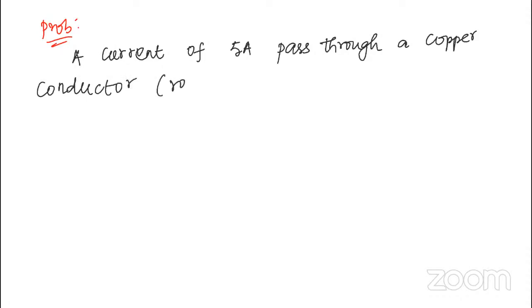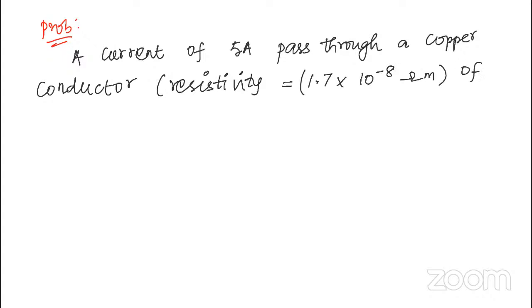They are given the resistivity is equal to 1.7 into 10 power of minus 8 ohm meter, and current density 6.3 into 10 power of 4 ampere meter power minus 2.